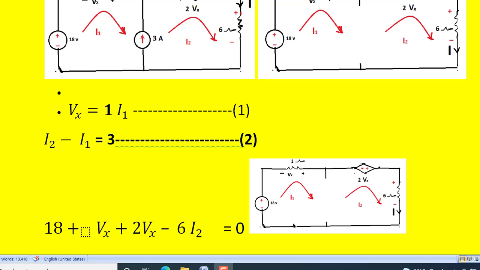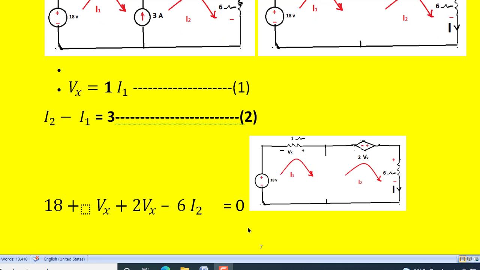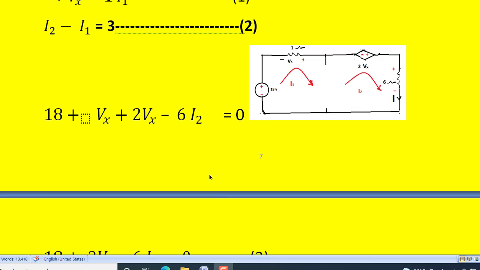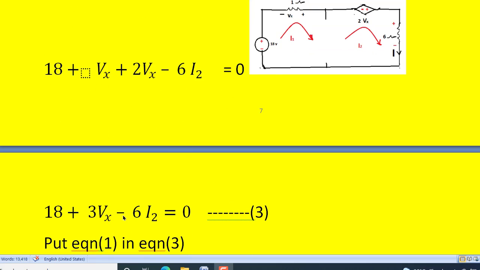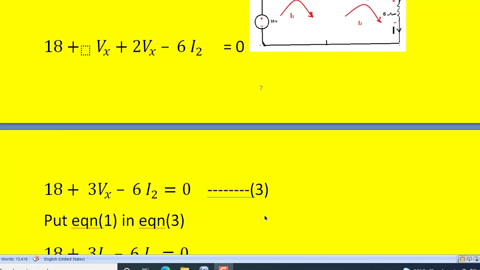There are no elements from here to here, and we say algebraic sum of the voltages in a closed circuit is equal to 0. So we equate this equal to 0. So once this is over, we can further simplify this and we get like this: 18 plus 3Vx minus 6I2 is equal to 0, and we say this is equation 3.